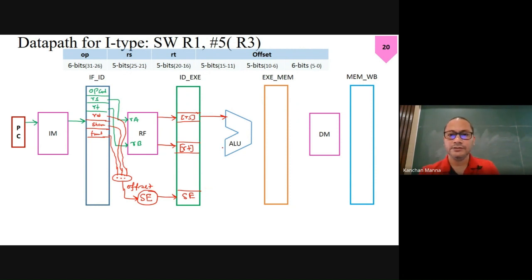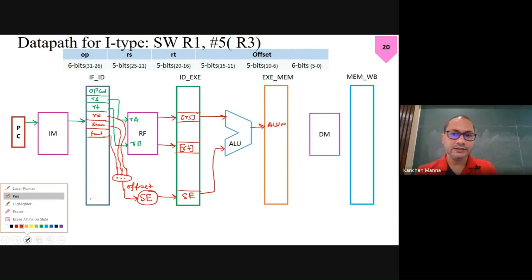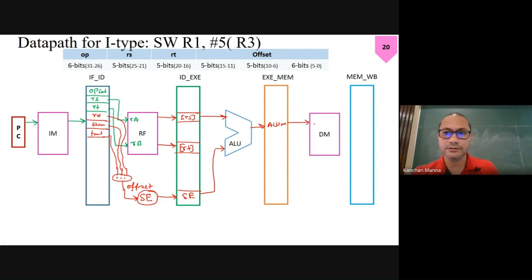And then we'll get the value, the address, ALU out, and then we have to bring it here. So this is the memory address, and we have to provide the data. So where is the data?